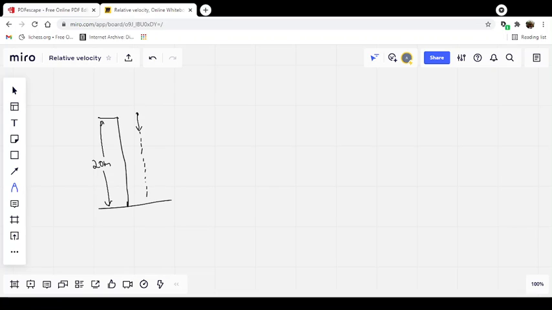At t equal to 1 second, the first ball would be somewhere here. It would have traveled some distance, and the second ball would now start dropping. So this would be the situation at t equal to 1 second, right? The first ball would have traveled some distance downward, and the second ball is now going to travel downwards.